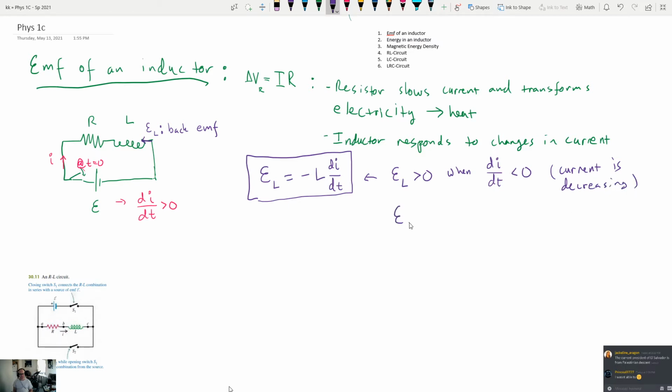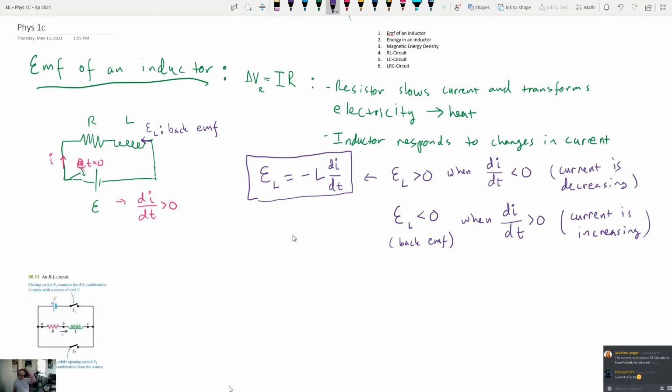And the EMF of the inductor is less than 0, which means it is like a back EMF, when the rate of change of current is greater than 0, that is to say when the current is trying to increase. Does that expression make sense to you? You take the inductance and multiply by the time rate of change of the current.